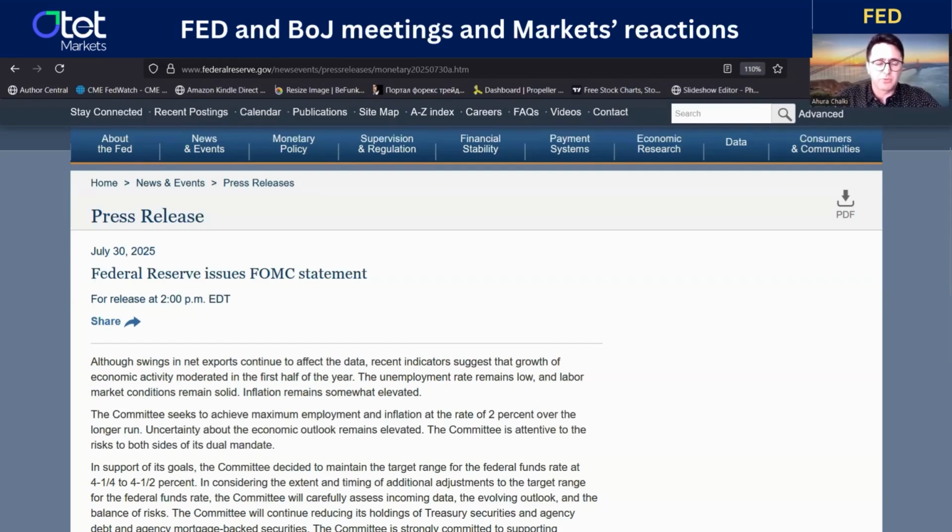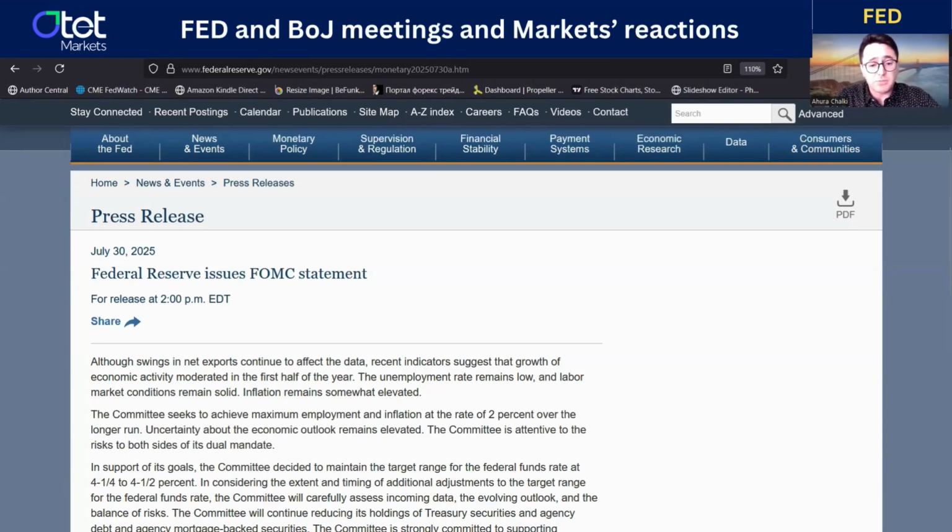From the talks, the press conference, the statement, and the answers Mr. Powell gave to the questions, we could understand that GDP growth slowed in the first half of the year. Yesterday, we had a GDP number.